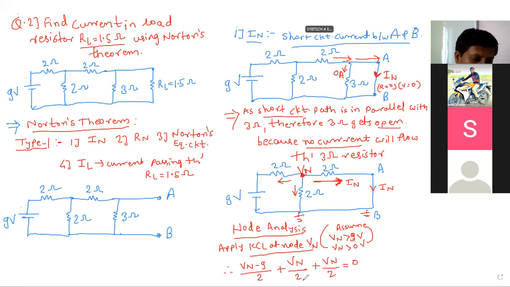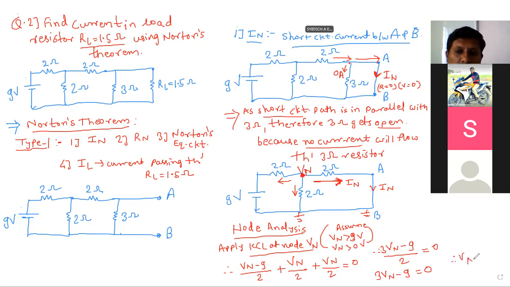So the denominator is constant, so take the addition of the numerators. Vn minus 9 plus Vn plus Vn, that means total 3Vn minus 9 divided by 2 is equal to 0. And 2 multiplied with 0 will become 0. So 3Vn minus 9 is equal to 0.